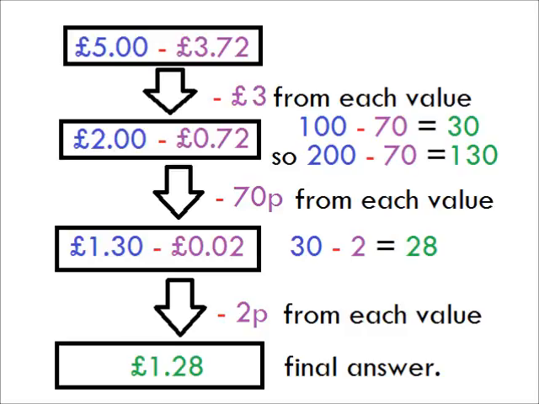So if we take 70p off, we get the same answer as £1.30 minus 2p. And we know that 30 minus 2 is 28. So if we take 2p from each answer, you get £1.28 minus 0. So £1.28 is the final answer.